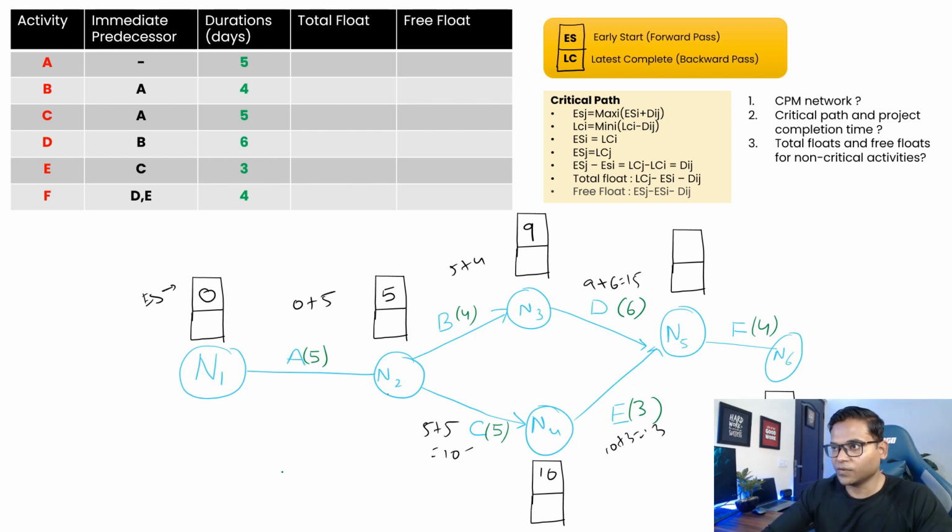So 15 and 13, 15 is the maximum, so we'll keep 15 here. And then if you move to this node, let me draw one more box here. So 15 plus 4 is 19, so 19 is your max here because only one activity is coming in here, right? So this is your early start. Now if you go backward and try to calculate this, that's what we're going to do in our next session.